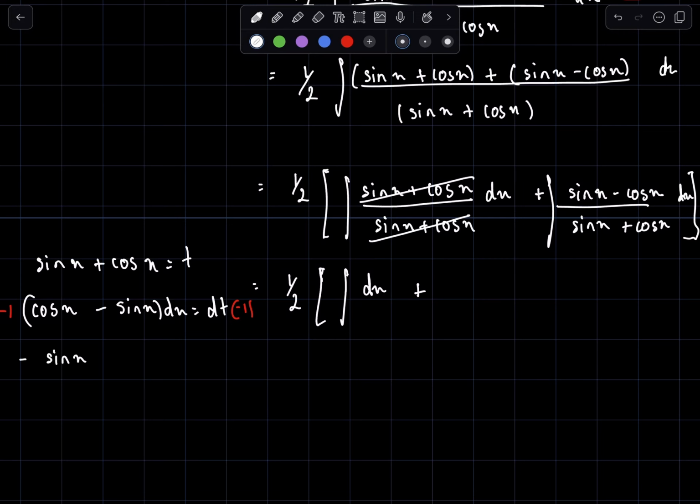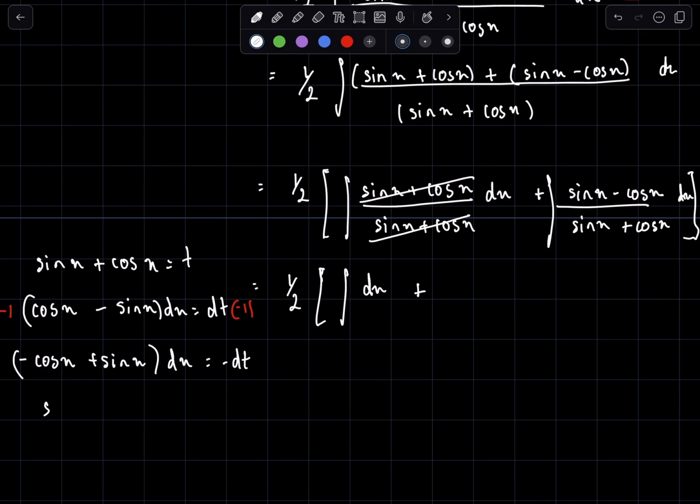Let me make it simpler so that you don't get confused by what I'm writing. You would get minus cos x plus sine x dx is equal to minus dt. Correct?